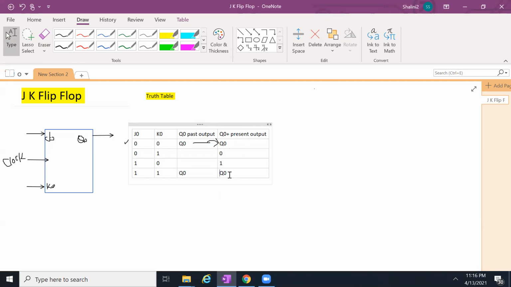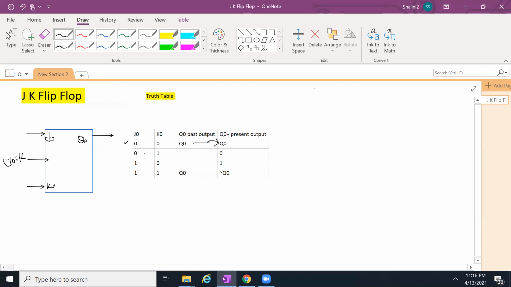So we will discuss in the waveform how it will work. Okay, so don't worry about that. For the JK flip-flop, you always look into the first column, the J column. So always remember, whenever the 00 condition comes, the present output will always hold the past output.